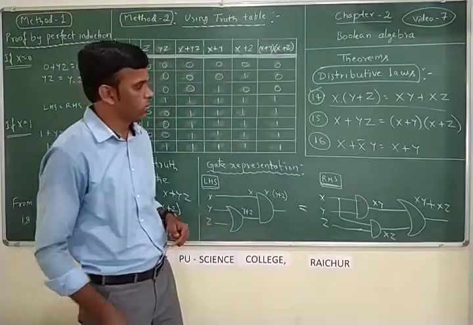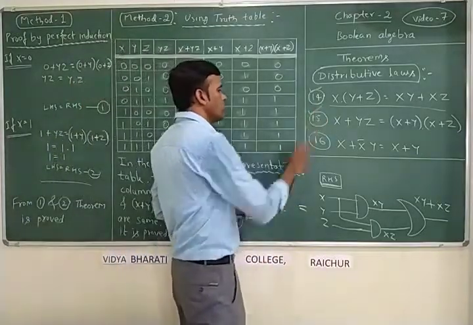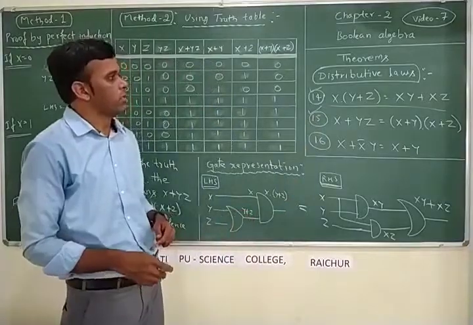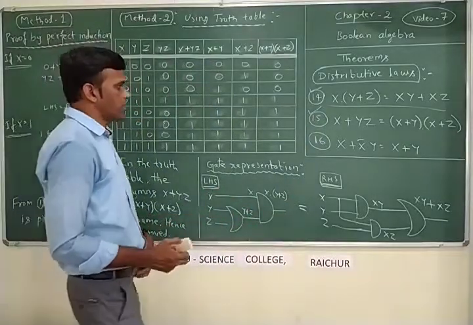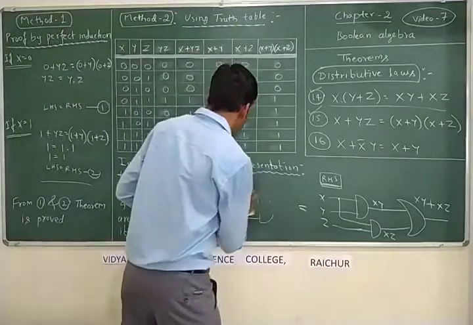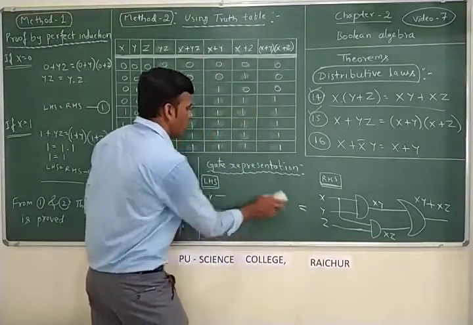Okay, so we have proved the 15th also by both the methods. So let us consider the circuit. Okay, so gate representation. So 3 variables we need.